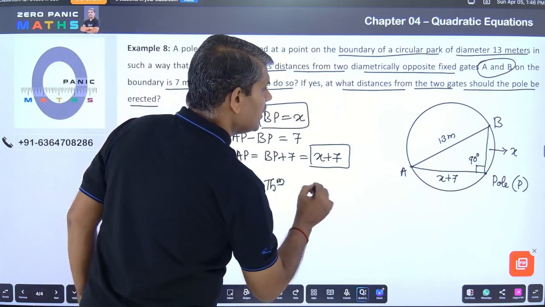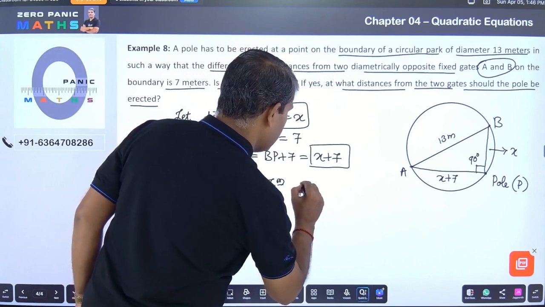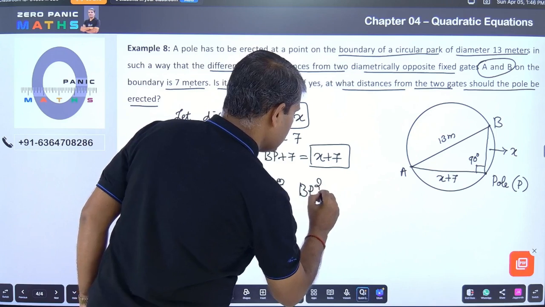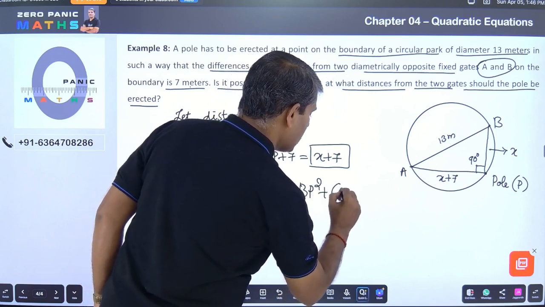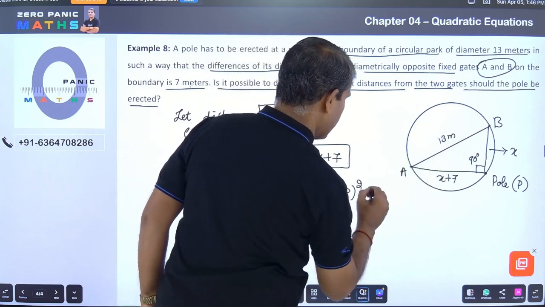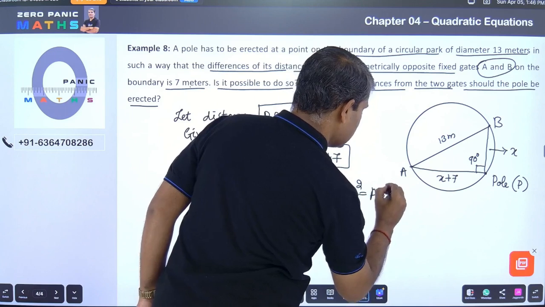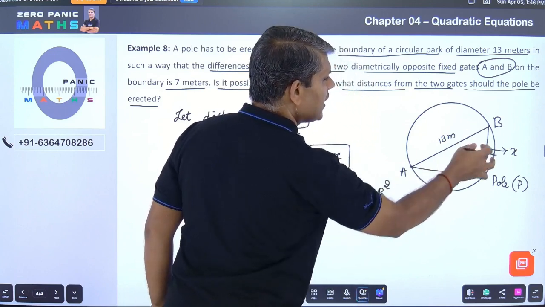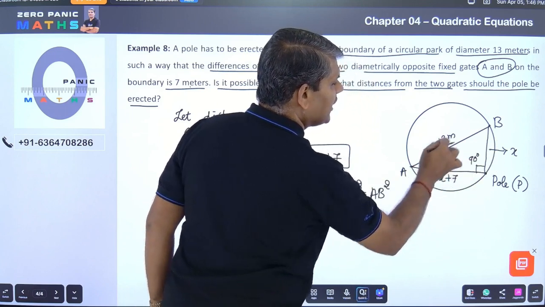So that is BP square plus AP square is equal to AB square. That is the diameter, or you can say the hypotenuse of the right angle triangle.